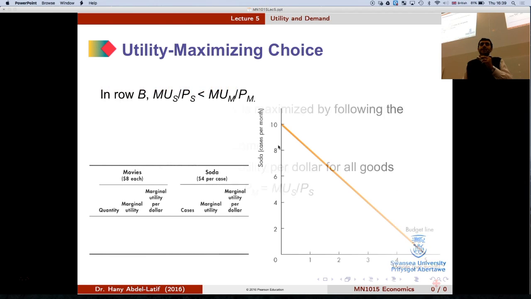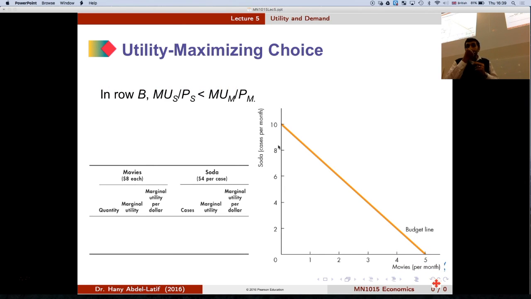Okay, so let's see the example here. Remember, this is her budget line. That's what we looked at in the second slide, maybe. So we know what she can buy, given her income and the price of movies and the price of soda. So let's see now this example.